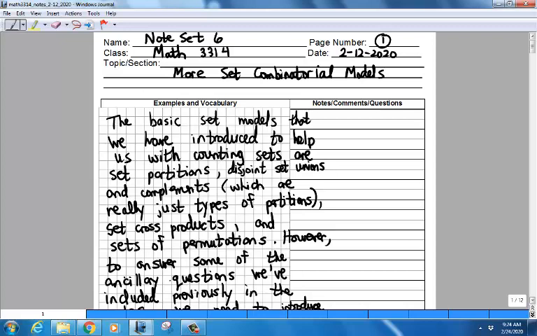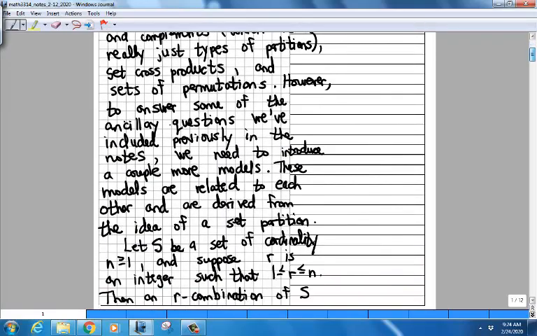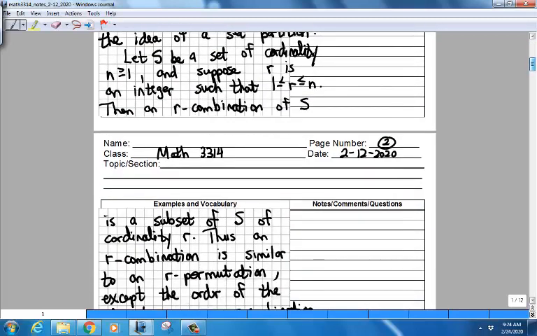Set cross products, which we've used a lot. And then sets of permutations, which is really a derivative of set cross products. But now I want to show you a new set model that you're probably familiar with, most of you, and it also is related to permutations.